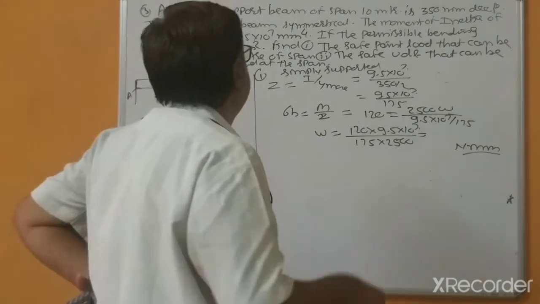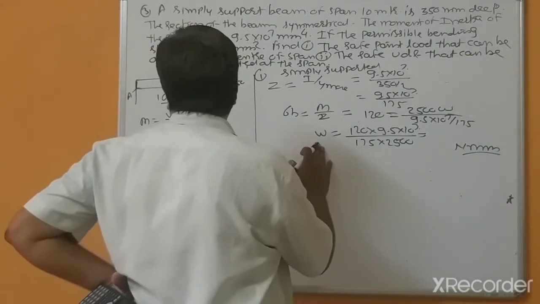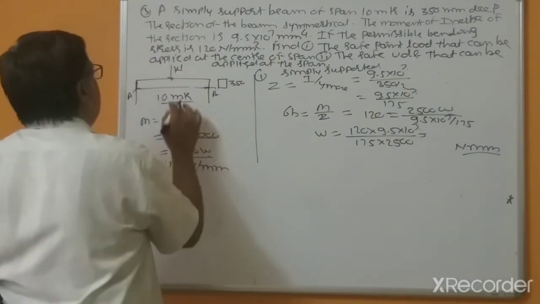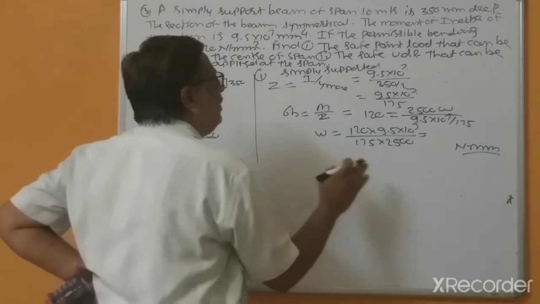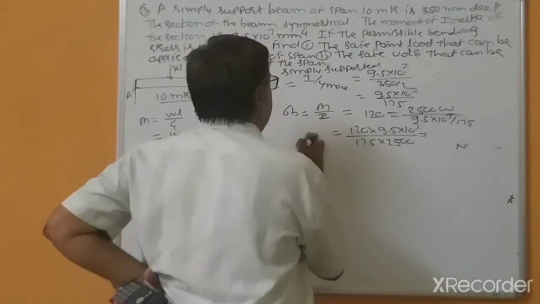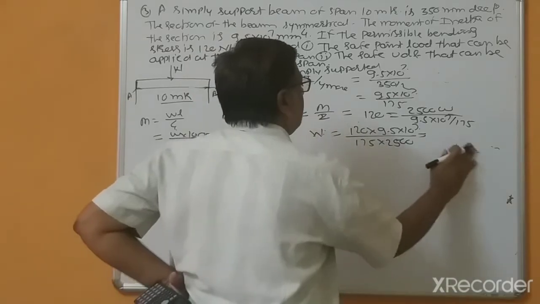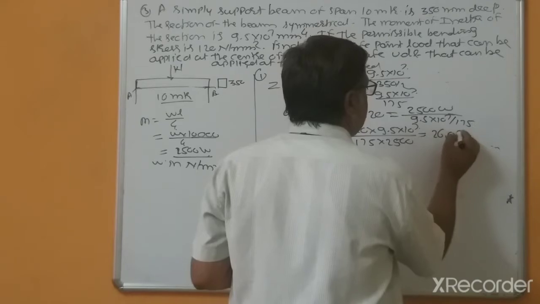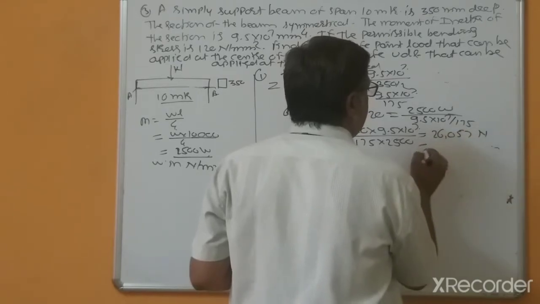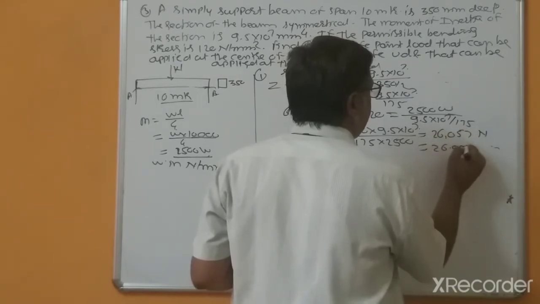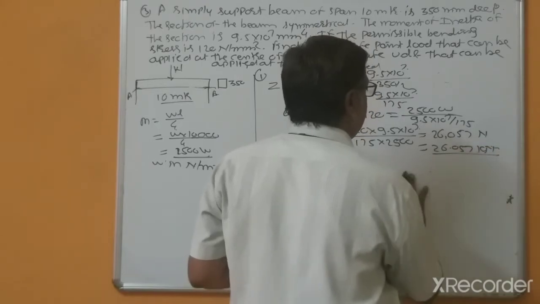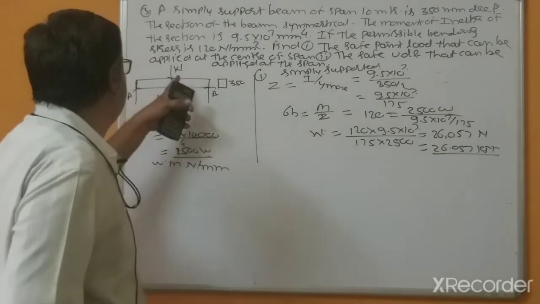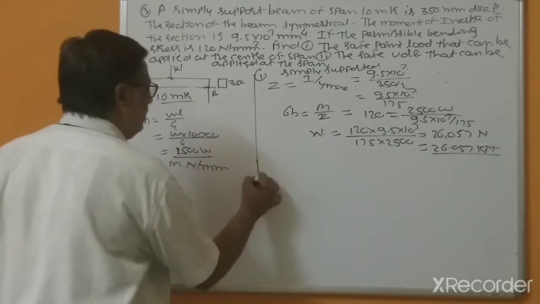So this W, this is capital W. So that's why this is 26057 Newton, 260.57 kilonewton. Because this is W, this is not a uniformly distributed load.